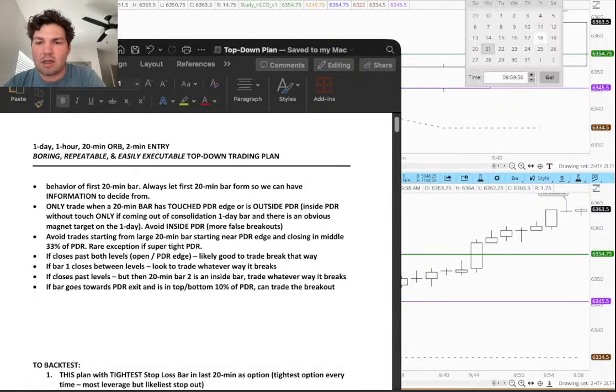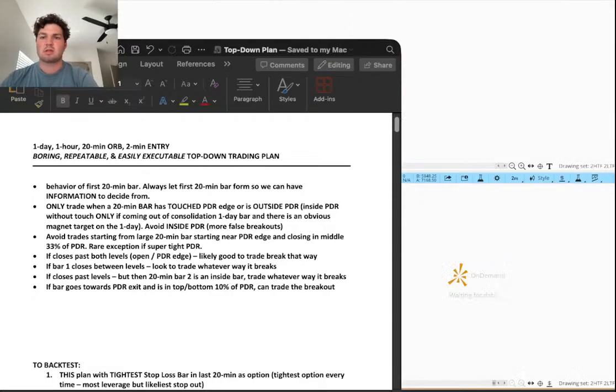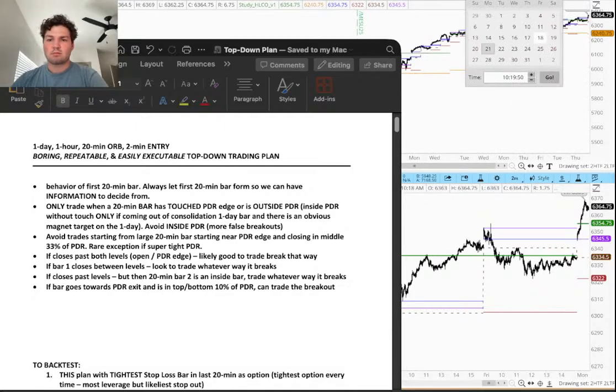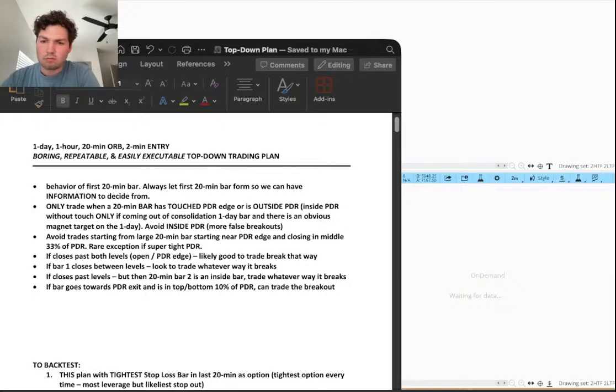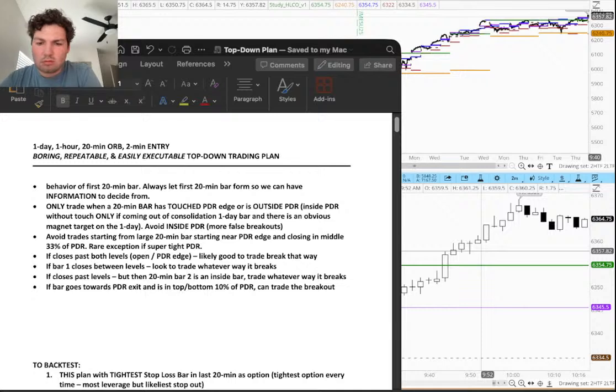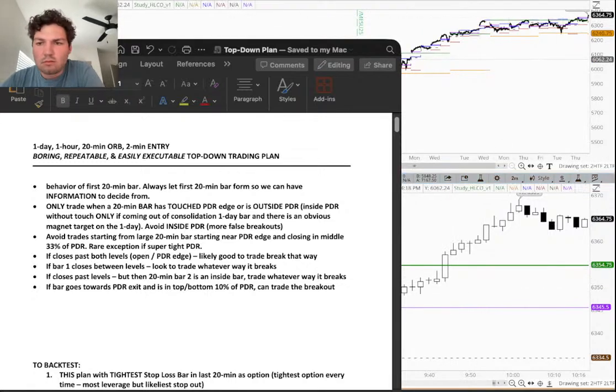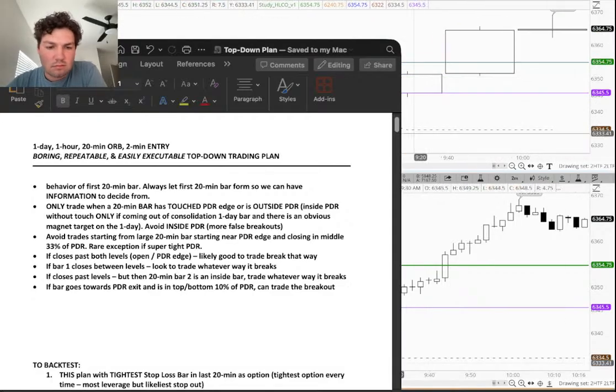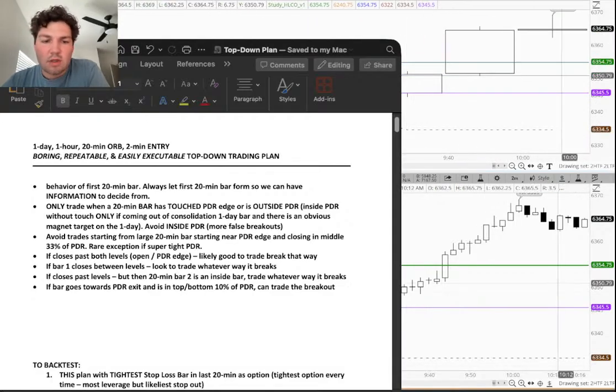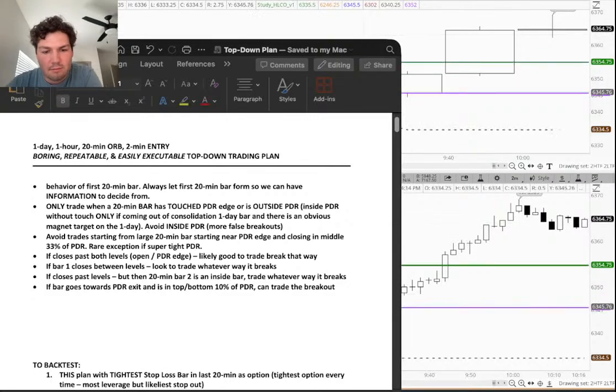Let's just go to the next 20 minutes, make sure we don't get stopped out. Then we'll be able to just skip ahead to the end of the day and see what happens. Yeah, big first hour move up relative to the other bars.